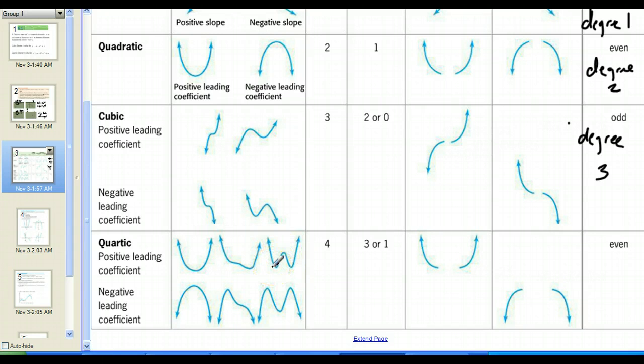All of these are quartics. And if it's a negative leading coefficient, again just flip it over, and it opens downward instead of opening upward on the ends. So this behaves exactly like the quadratic does in the end because it's even degree. Remember, the degree determines the end behavior.